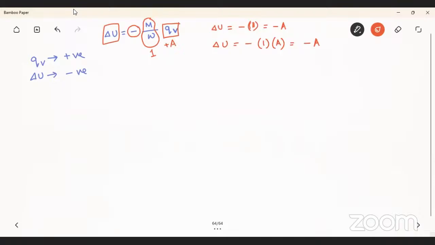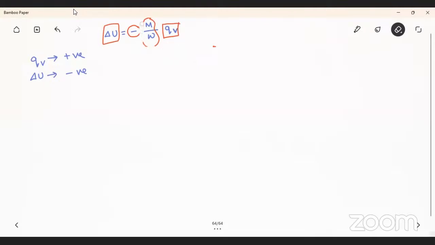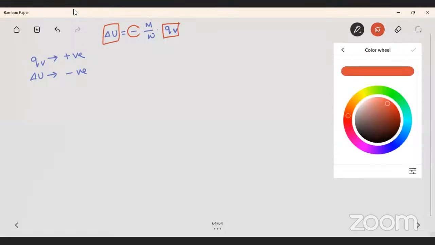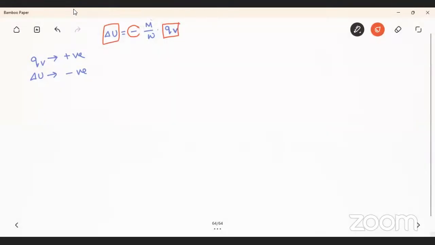Yes, ma'am. Clear? Wait. So I am deleting this part. Okay, so what does QV positive mean?